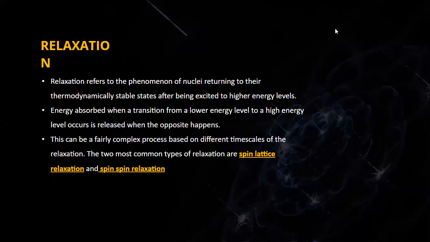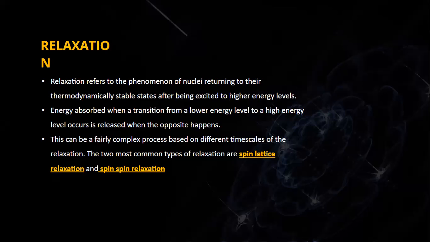I mean to say that when excited nuclei return to their stable states, it is called relaxation. Energy absorbed when a transition from low energy level to high energy level occurs is released when the opposite happens.